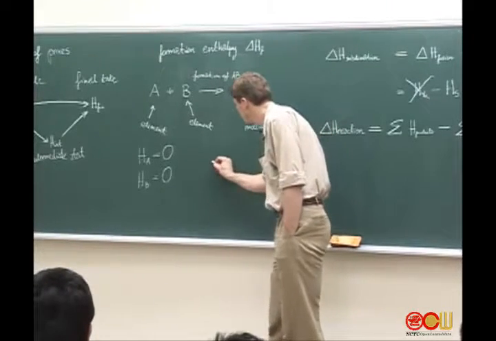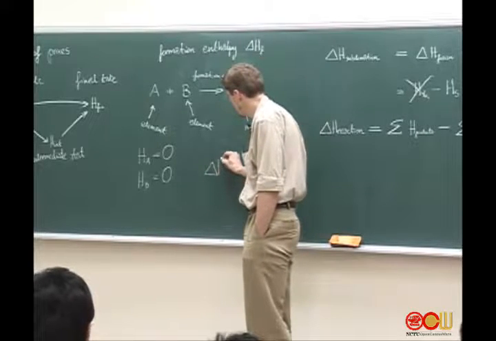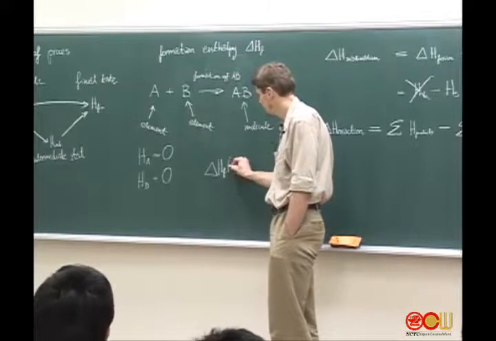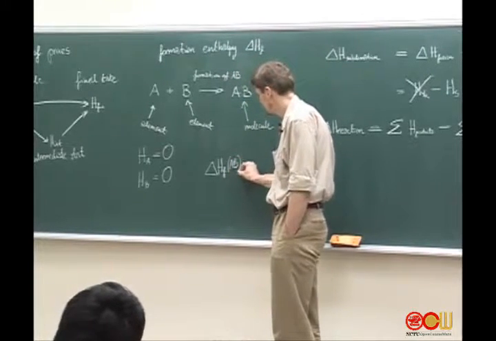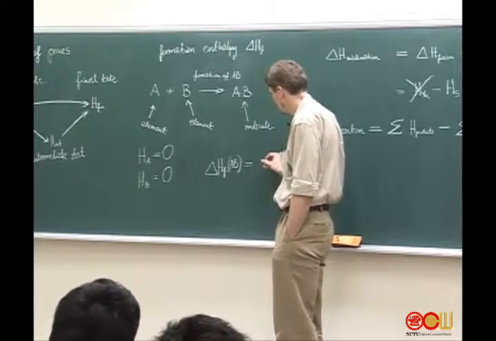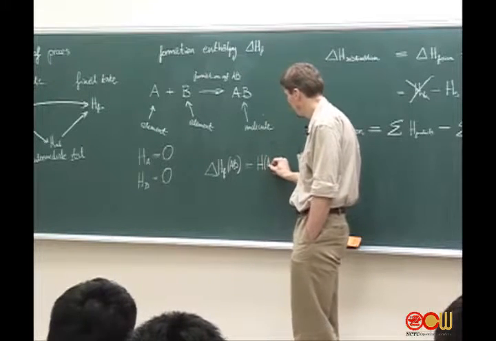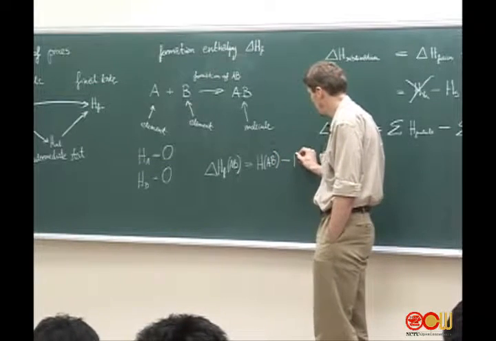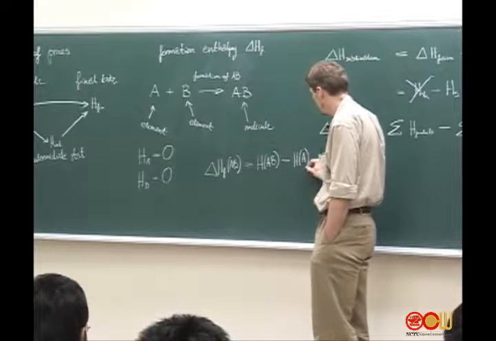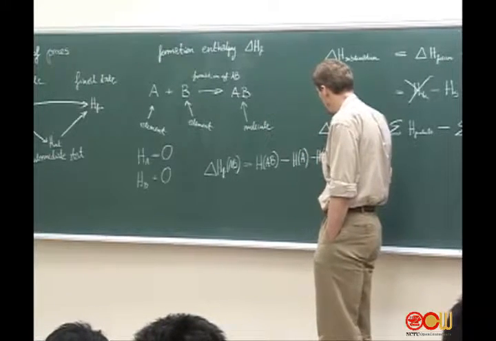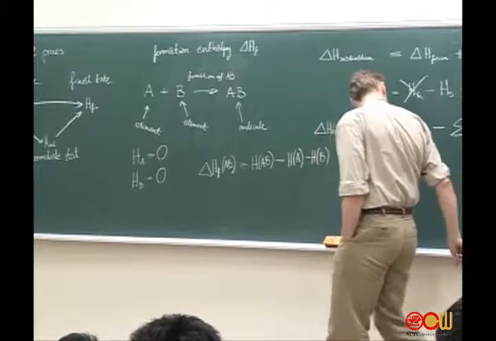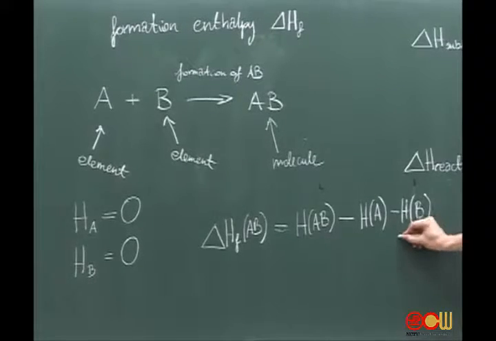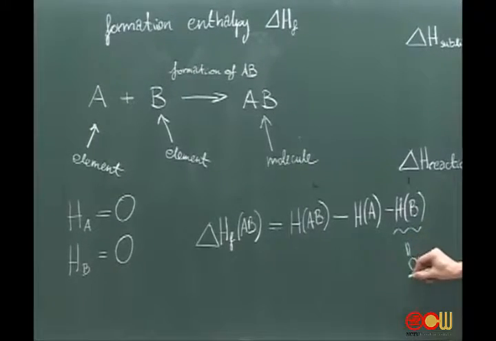So we have very nice, because the enthalpy of formation of AB is just equal to the enthalpy of AB minus the enthalpy of A minus the enthalpy of B. But we just said that these two are 0.